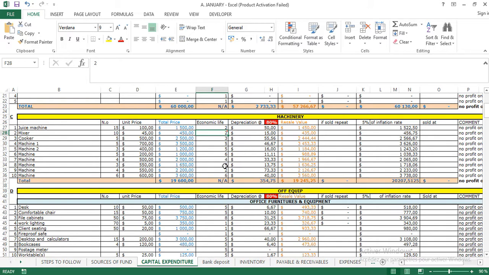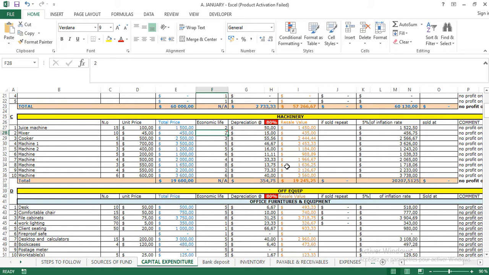If you have purchased a mixer for $100, after 1 year it might be worth $90 in the market. After 2 years, maybe it might be worth $50 in the market. It's losing value because it's working every day. That loss of value constitutes depreciation, which needs to be mentioned on your financial statement.